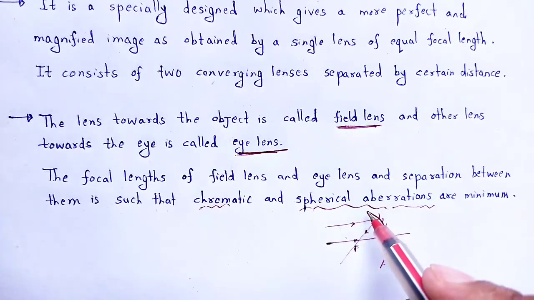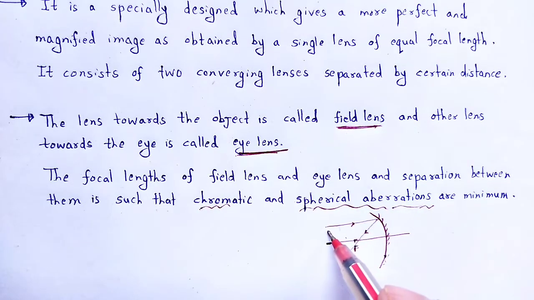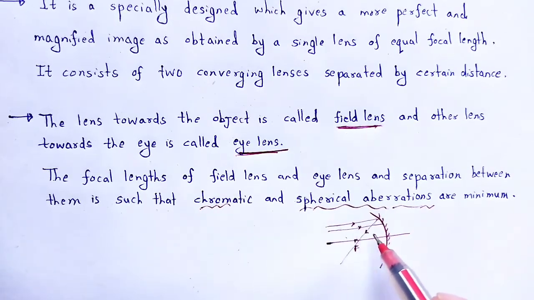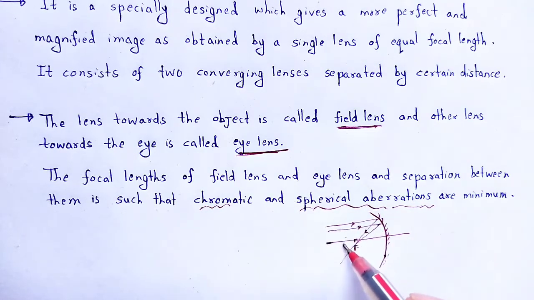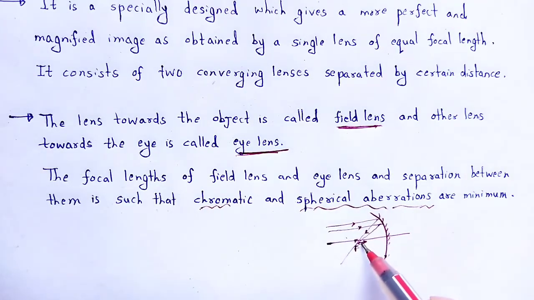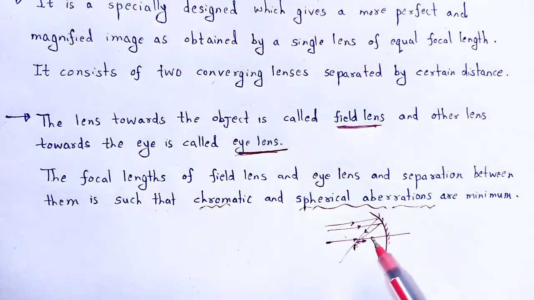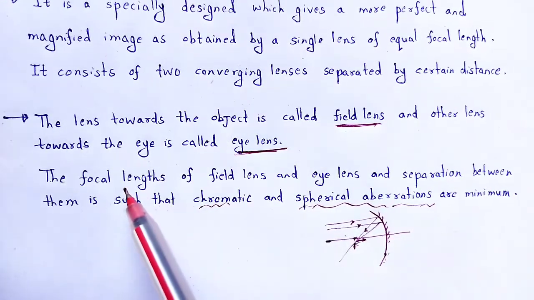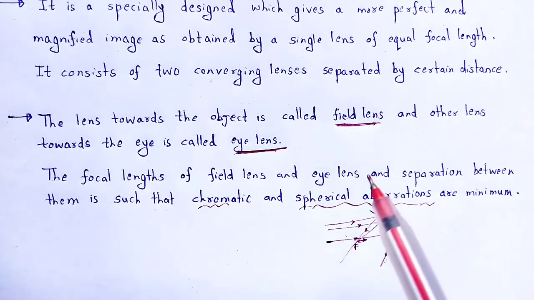But due to the large aperture, the rays parallel to the principal axis do not pass exactly through the focus, but before the focus or after the focus. This is known as spherical aberration, and it can be avoided by adjusting the focal lengths of the field lens and eye lens in the eyepiece.